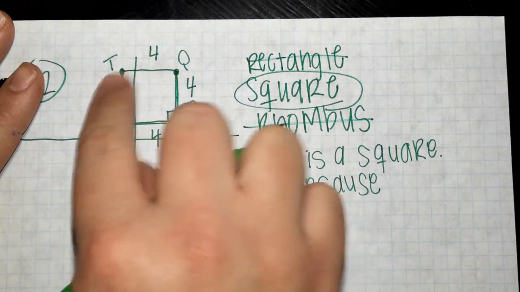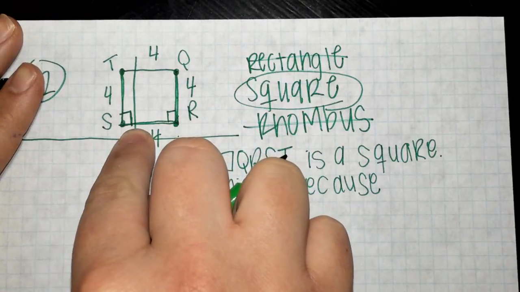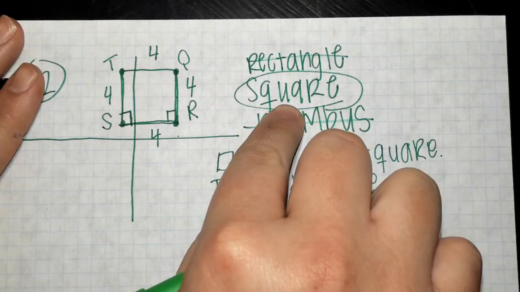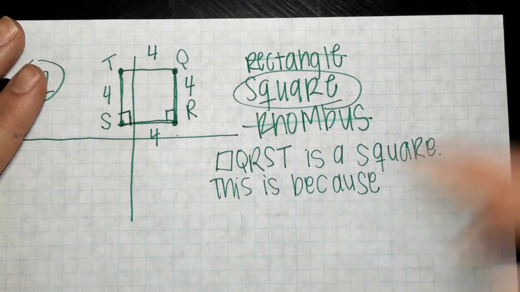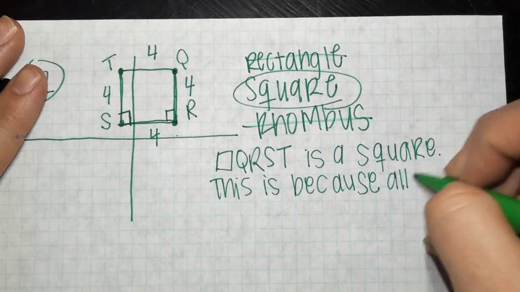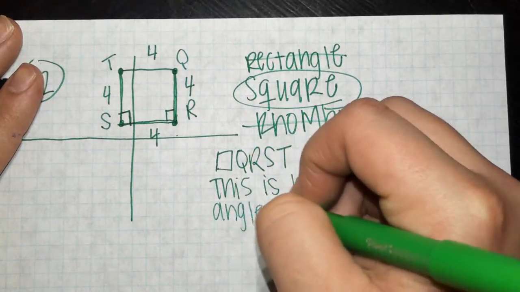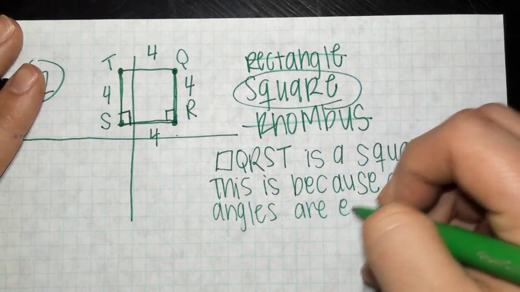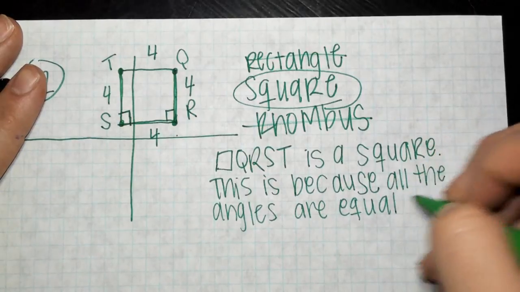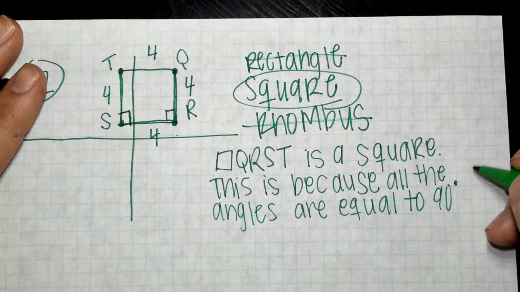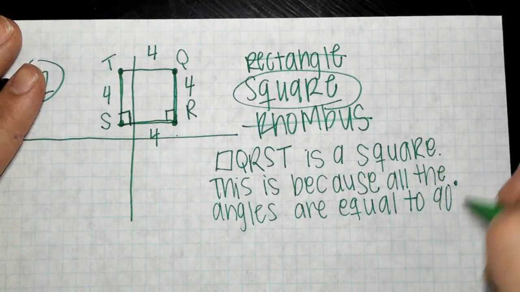If it was 90, it could be what and what? Rectangle or square. So you have to say, this is because all the angles are equal to 90 degrees. You could also say they're all perpendicular if you wanted to.